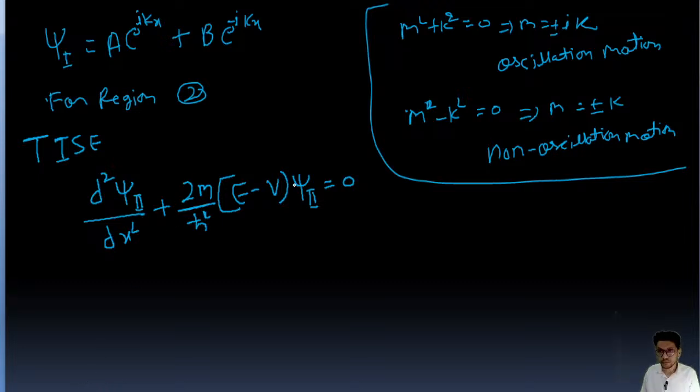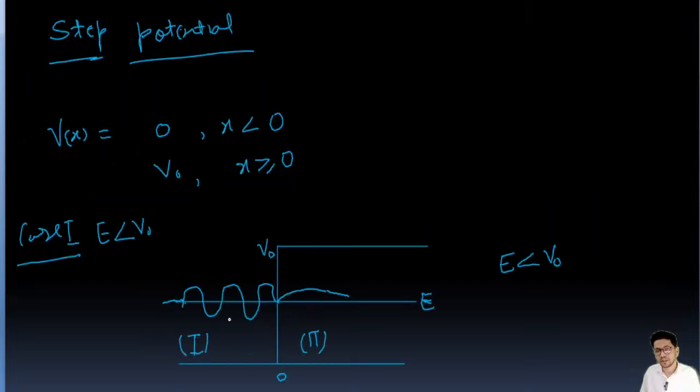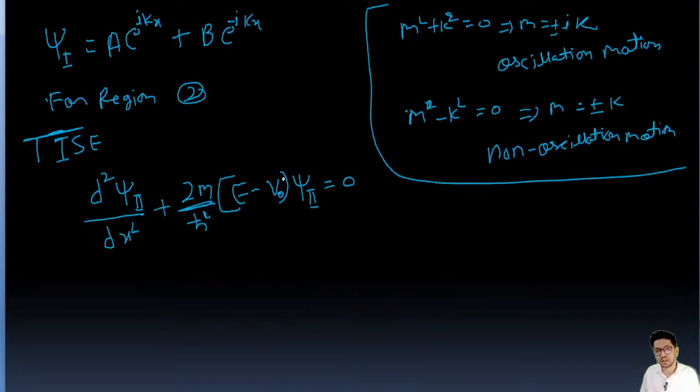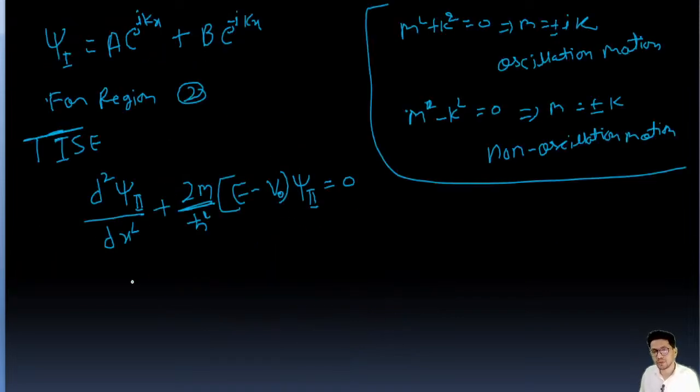Now the value of V is going to be V naught, because the condition is: if x is greater than or equal to 0, then the value of V is V naught. We are talking about region 2, the x greater than or equal to 0 region. So this is going to be E minus V naught, or we can write d square psi 2 upon dx square plus 2m upon h cut square.